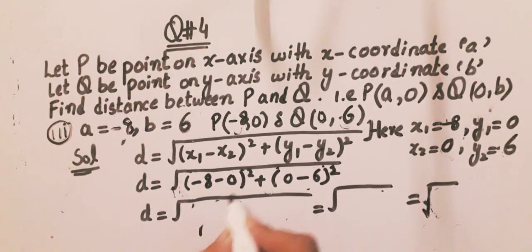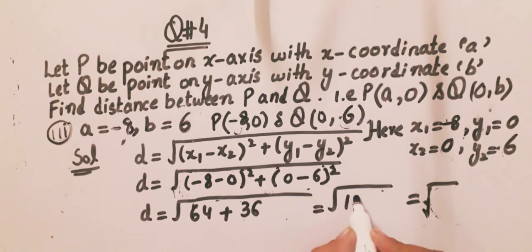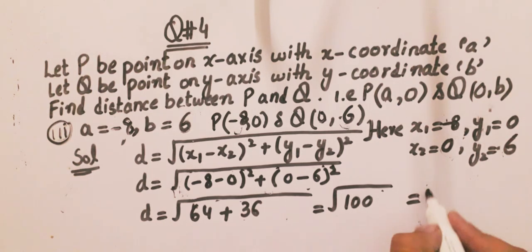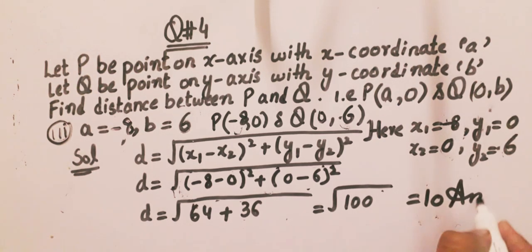Now -8 square is 64 plus 6 square is 36. So this will become square root of 100, which is equal to 10. So this is the distance between the point P and point Q.